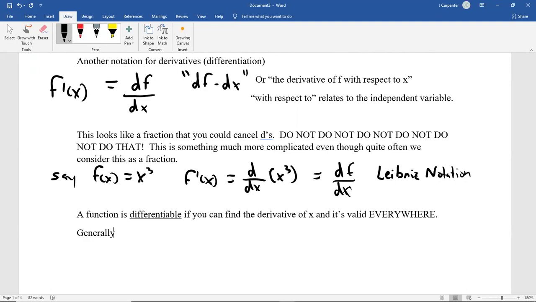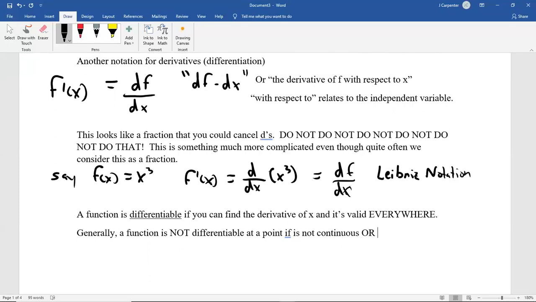Generally, a function is not differentiable at a point if it is not continuous. Some people would say discontinuous.